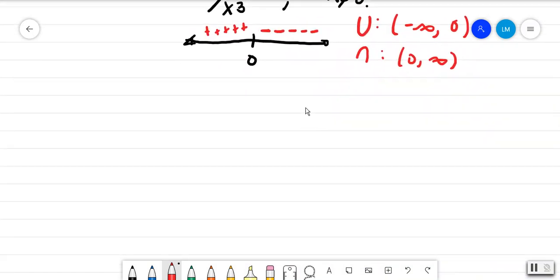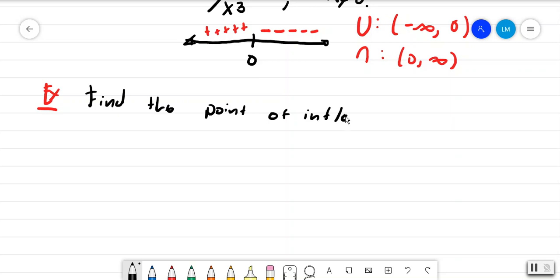Now, let's say, for example, that we look at finding the point of inflection. The point of inflection is whenever the second derivative is equal to 0. So you have x cubed minus 2x minus 3.